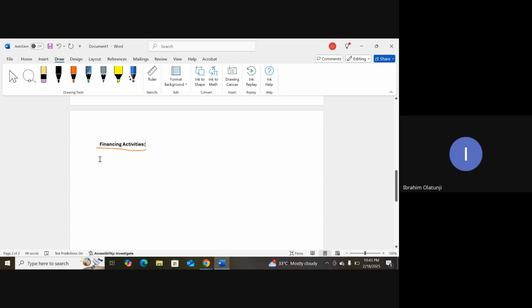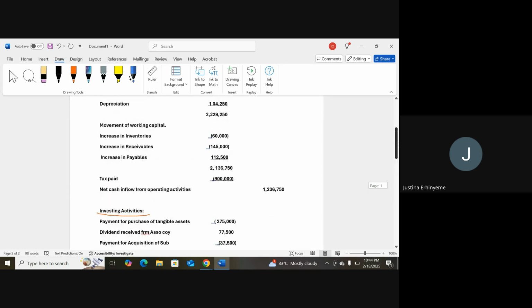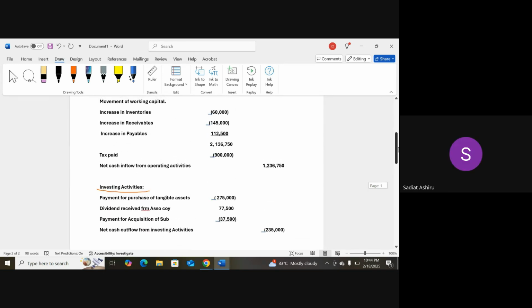If you want to finance, as a company, probably you borrow a loan to finance your business, or you issue out shares, because this time around you want to finance your business.